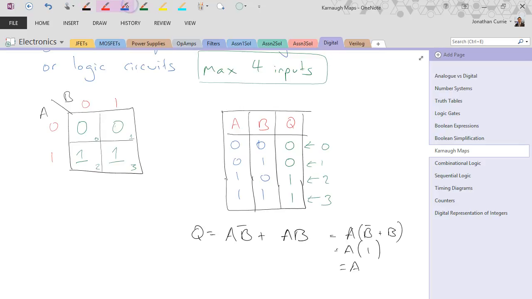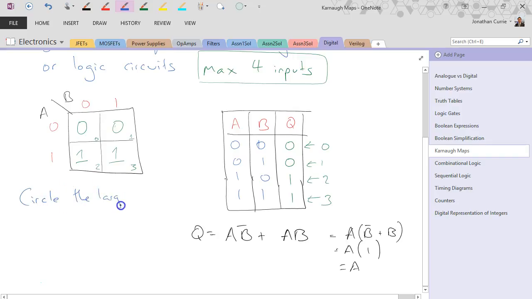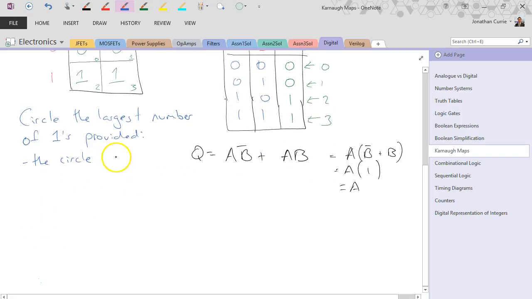The idea in the Karnaugh map, there's a few rules, but the idea is to circle the largest number of ones, provided the circle group, it doesn't have to be a circle so much, has 2 to the n ones in it, where n goes from 0 to infinity.